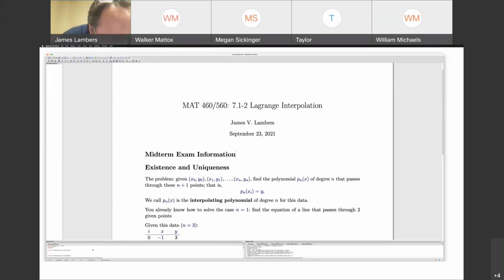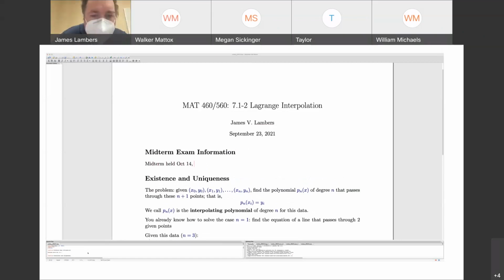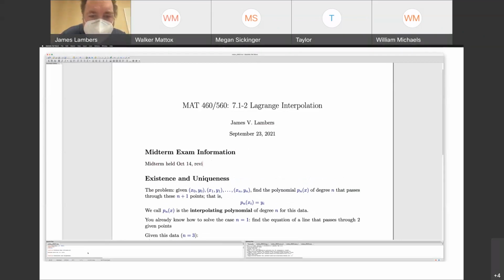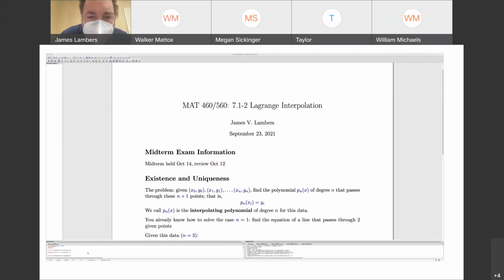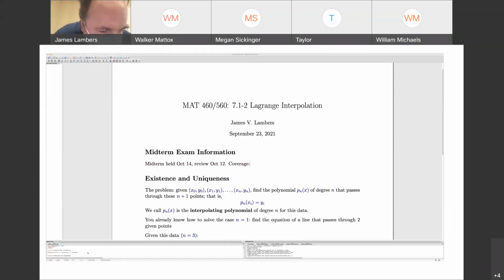And the class period for October 12th will be entirely about a review. So by then, I will have covered up to section 7.5, it looks like. Although I'm not certain if I'm going to, because that's something I cover right before the review.